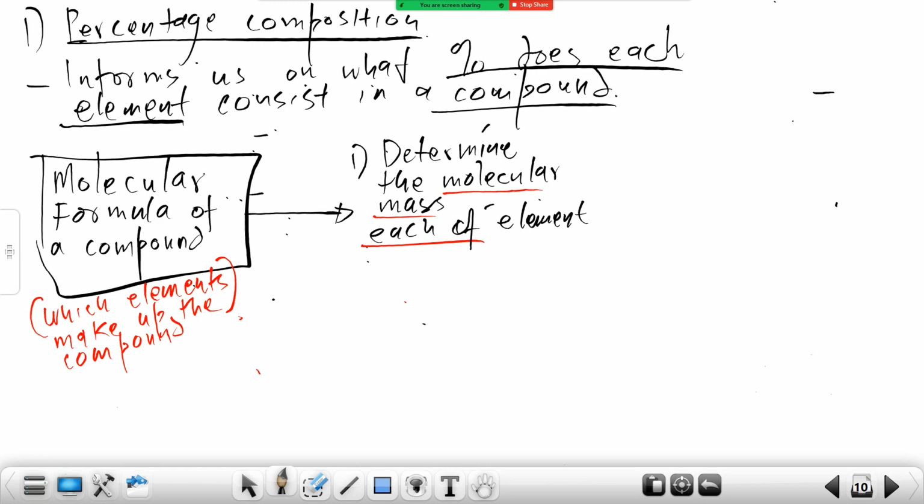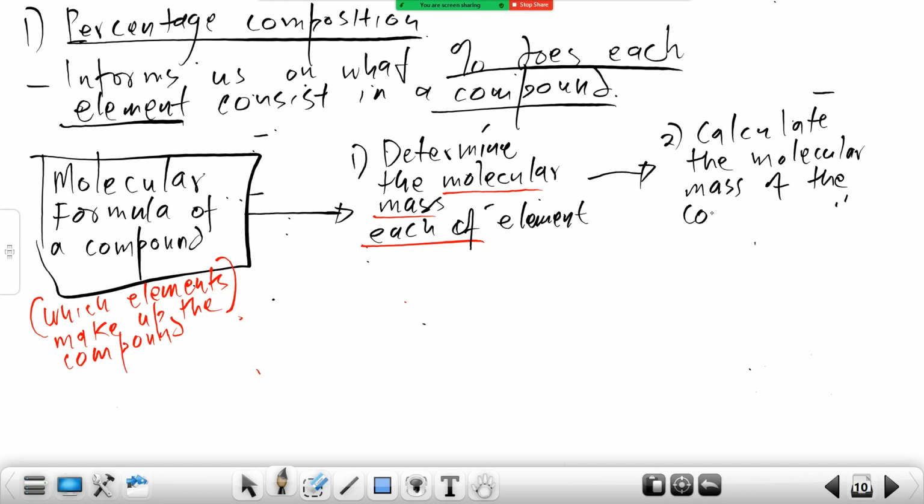So it says to me, fine, if I have determined the molecular mass, how is this going to assist me? This is going to assist me because I will know the molecular mass of this particular compound and now the total of the compound. So step number 2 in this case will be calculating the molecular mass of the compound.